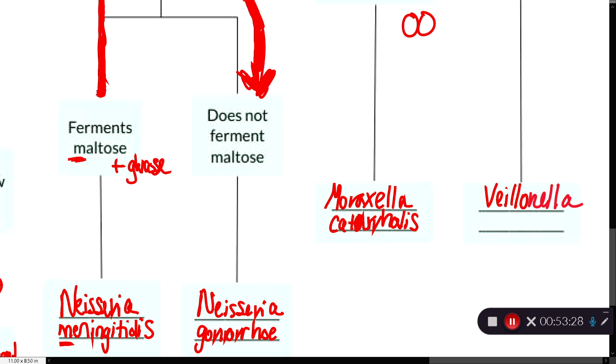Okay, so Moraxella, Veillonella, Neisseria are what three genera you should think of when they mention gram-negative diplococci or gram-negative cocci. Okay.